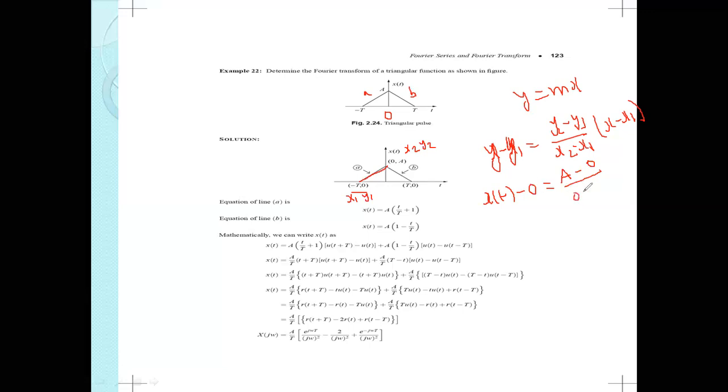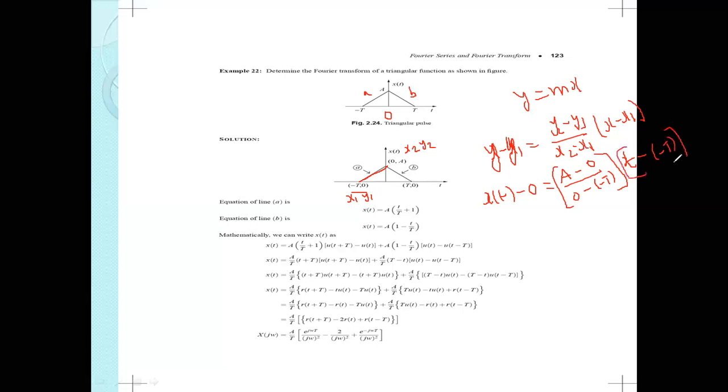The 0 minus x1 is minus t, so minus of minus t here, and multiplying with x. What is x here? X is nothing but the t minus x1. What is x1? The x1 value is minus of minus t.